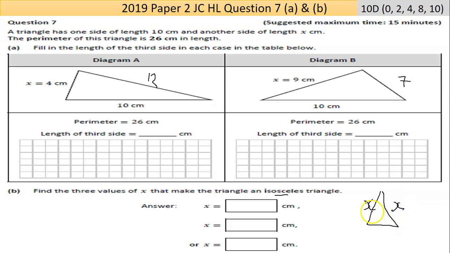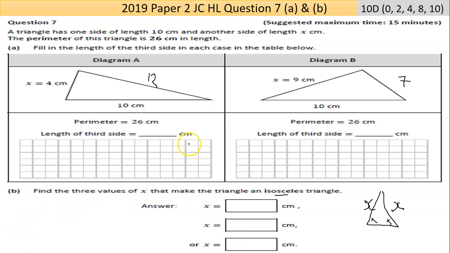A fundamental principle of triangles is that the side and the angle have a relationship. If those two sides are equal, then these two angles are equal, the angle here and the angle here. So you need to find the three values of x that make the triangle isosceles.